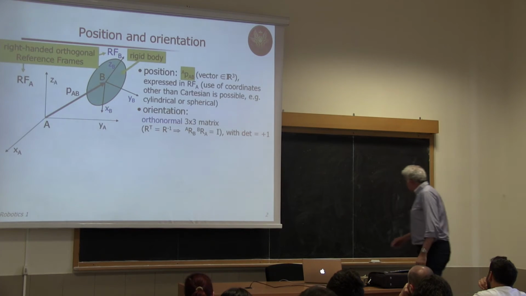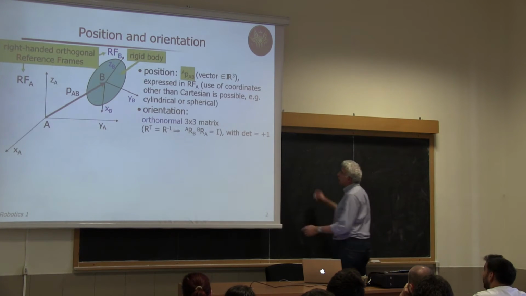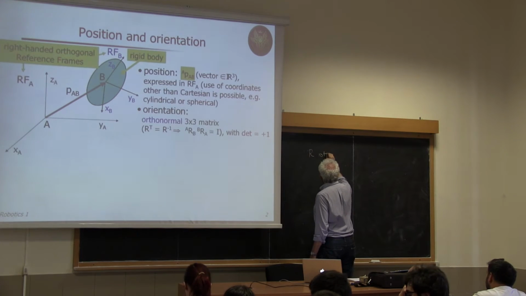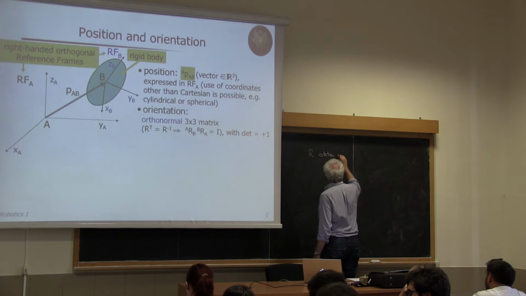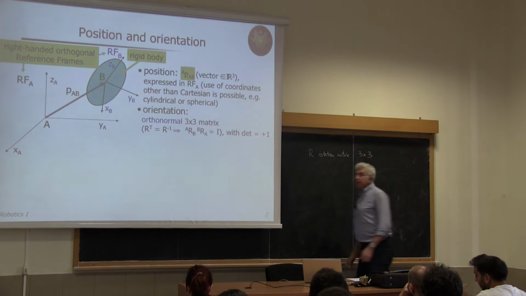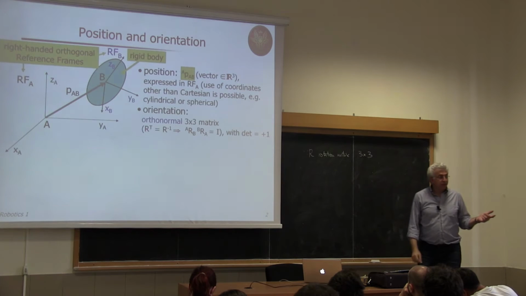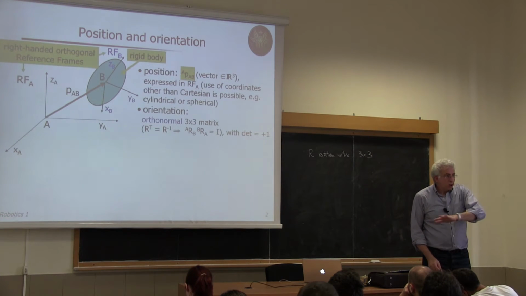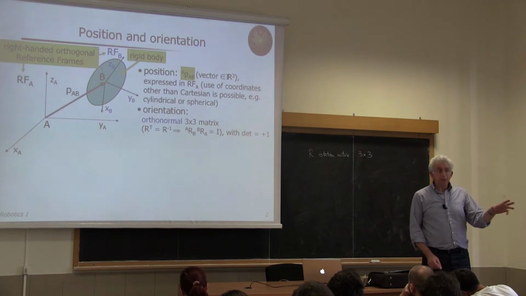So a rotation matrix is a 3 by 3 matrix, because we are living in the three-dimensional space. If we defined rotation matrices on the plane, they would be 2 by 2.